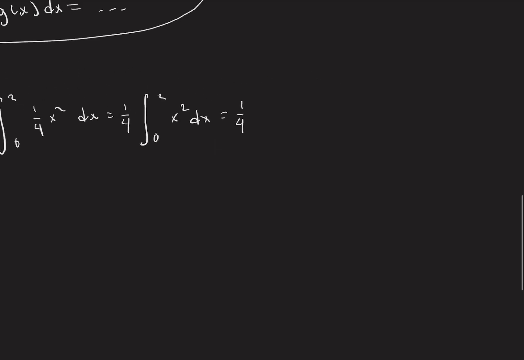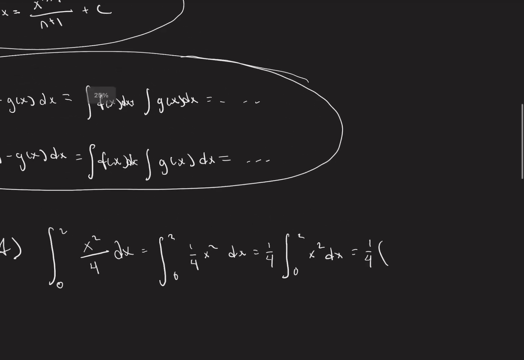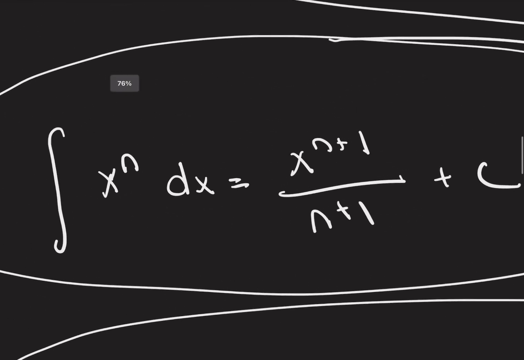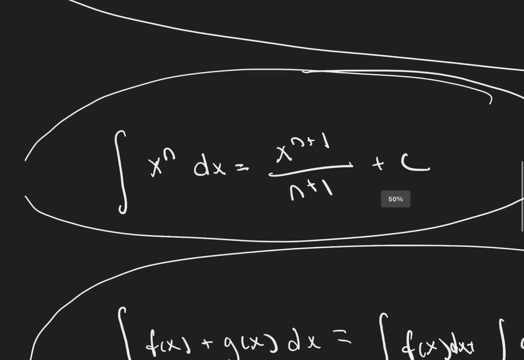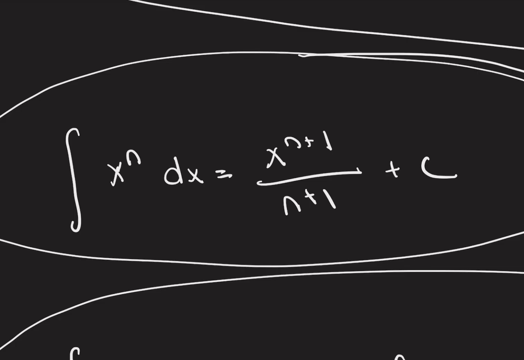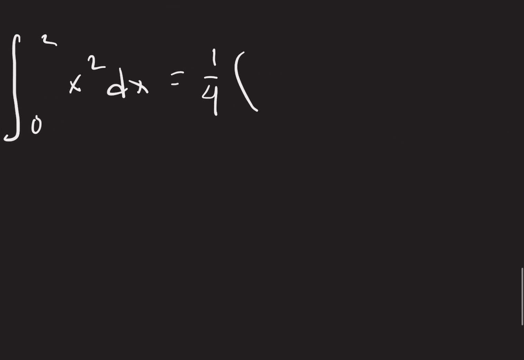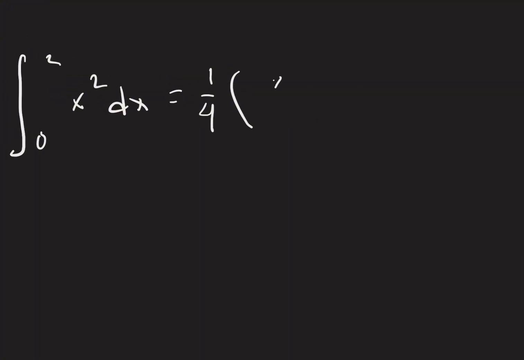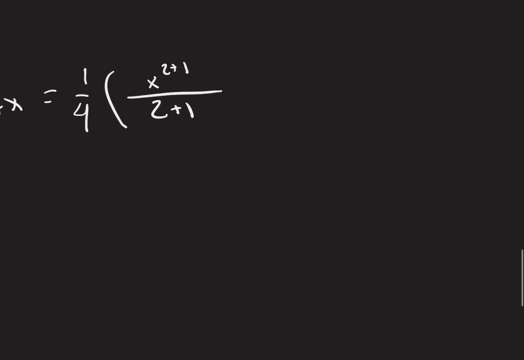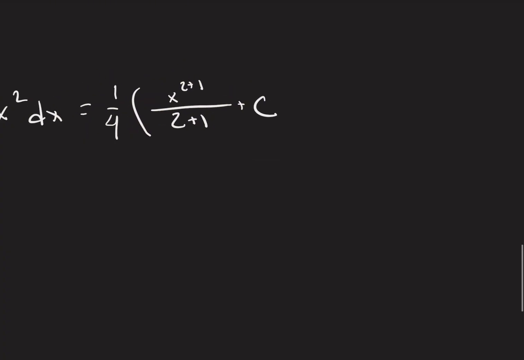And then we go back to the power rule, which is this one right here. So we add 1 to the power, and we divide everything by the new power. So in this case, it will be x to the power 2 plus 1, divided by 2 plus 1, plus, and you can't forget your constant, because I'll show you in a minute why.